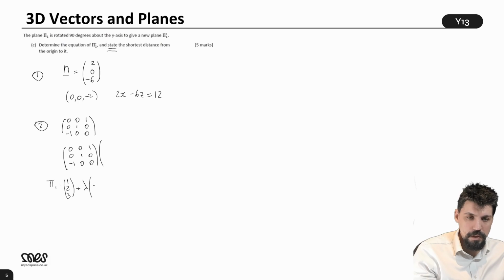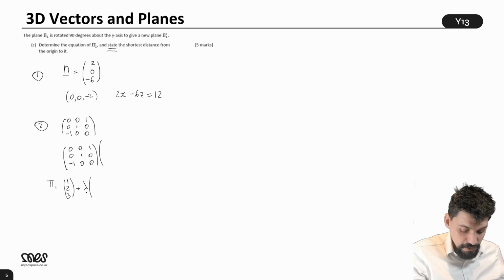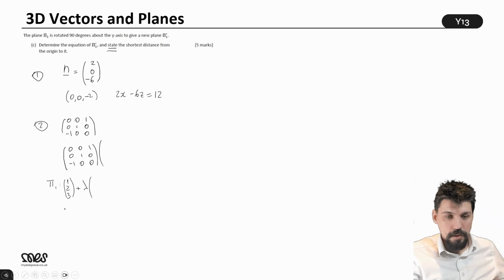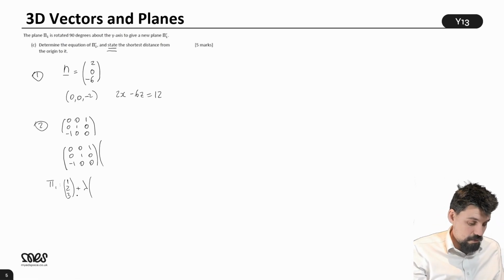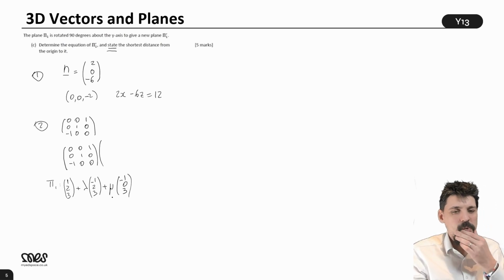Plus lambda lots of, I could just go back to the original question because I don't have it written in front of me anymore, plus lambda lots of minus 1, 2, 3, plus mu lots of minus 1, 0, 3. Going to be quite useful to me in a second.